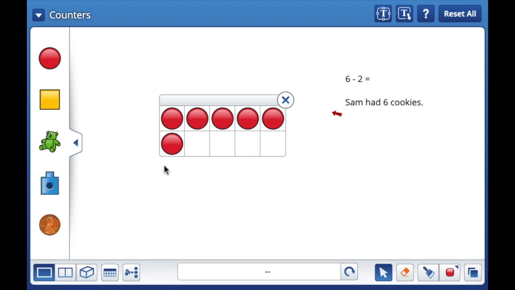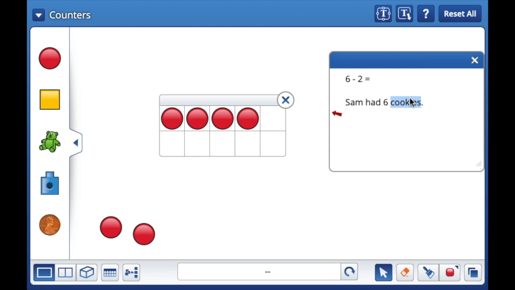Now 6 minus 2, friends. Am I going to put on 2 more or take 2 away? That's right, I want to take 2 away, and when I'm working with a 10 frame, I start from the bottom. 1, 2. So Sam had 6 cookies. She gave 2 of them to her mom. What's my question?